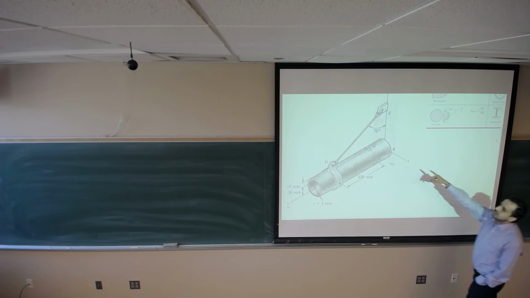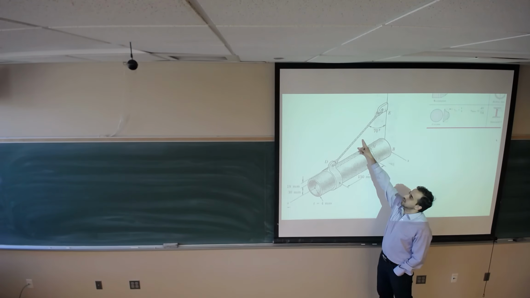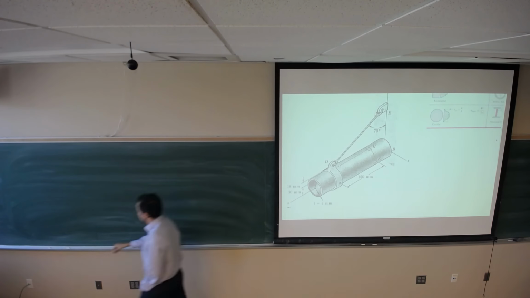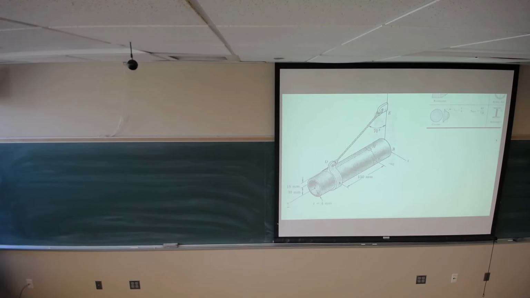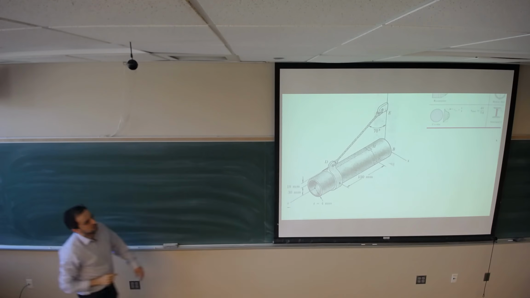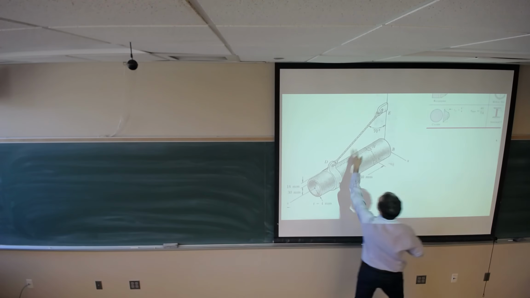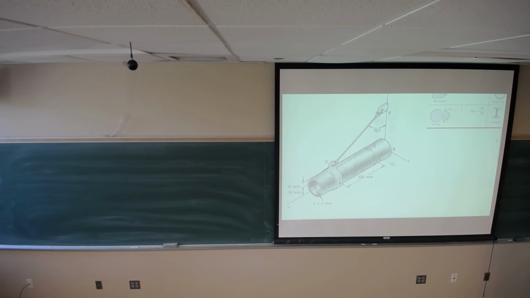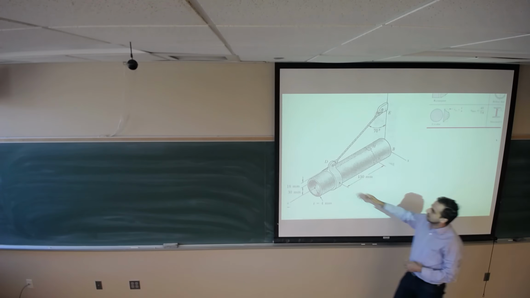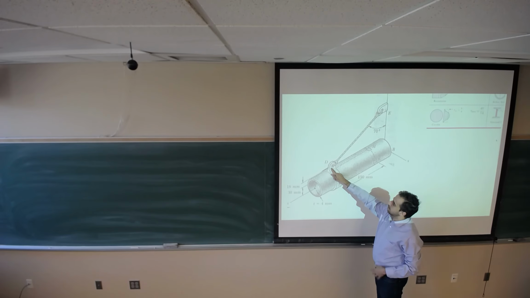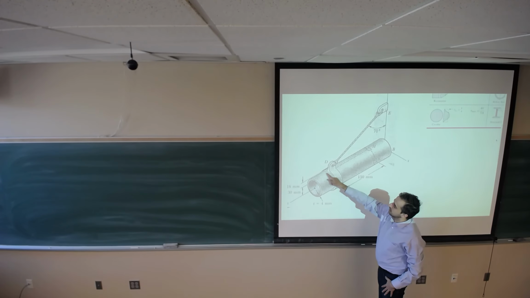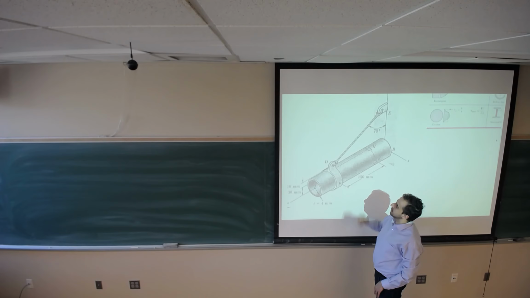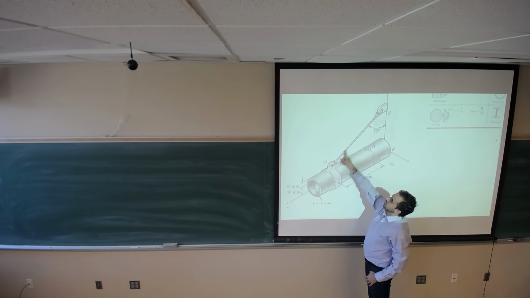Just think, if you tighten this cable, it's going to make a tension force on the cable with a magnitude of 18 kilonewtons. So the cable DE is going to see 18 kilonewtons applied to it, meaning at point D, this pipe is going to see 18 kilonewtons in this direction.